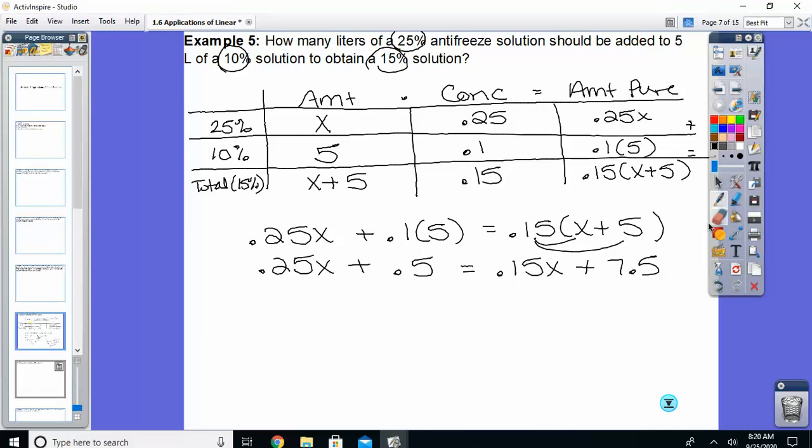No, sorry, 0.75, right? Multiplied by 1.5 instead of 0.1.